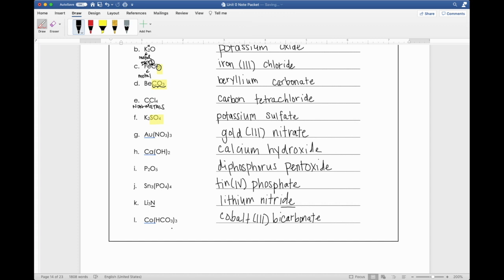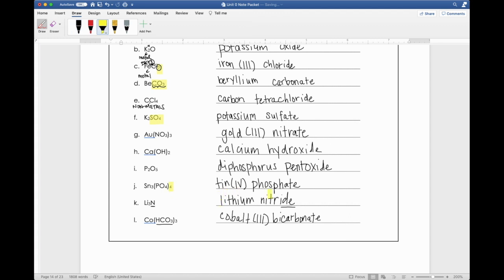For L, this polyatomic ion actually has two names that you can have. So this is not only bicarbonate, that's normally how I will name this. You can also call this cobalt-3 hydrogen carbonate. So just keep that in mind, because there are two possible options for naming that. Neither one of those is more correct than the other. They are both equally correct. Remember here, tin's charge is in fact 4.